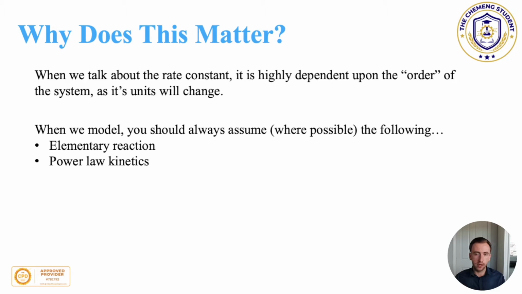Well, the order is dependent on the stoichiometry of your reaction. But when we model these, two key assumptions have to be made in order for us to make this connection between the stoichiometry and the order. The two things that we have to assume are that we have an elemental reaction and power law kinetics apply.